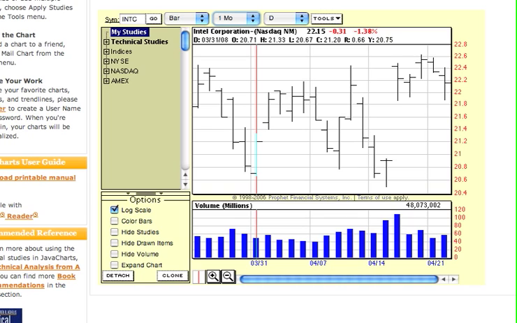Now the vertical line goes up and down. The low of the day would be right there, the high of the day would be right here. And at the end of the day, the closing price on this was $21.21. The vertical line also shows that on that day there was a volume of 48,073,000 shares.